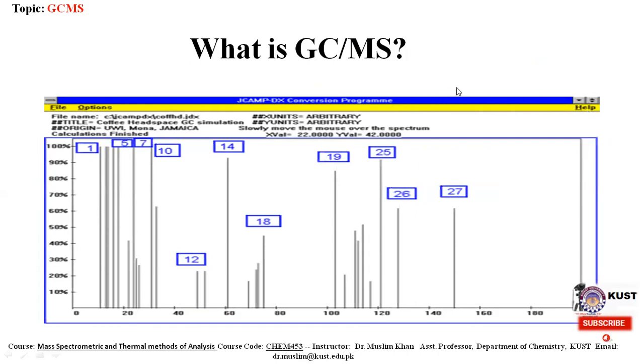Chromatogram means time versus the relative abundance of each component. Then for each component, we are getting this kind of spectra as well. So we get the retention time of the compound, very well separated, and then for each component, we get the spectra. So the combination of these two techniques makes it a very strong technique for qualitative as well as quantitative purposes.